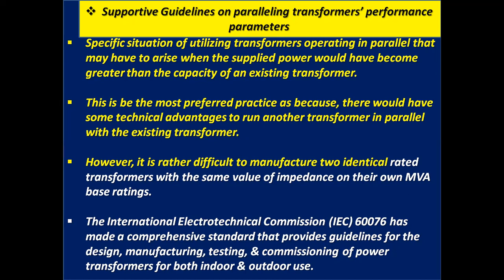This is the most preferred practice because there are some technical advantages to run another transformer in parallel with the existing or old transformer. However, it is rather difficult to manufacture two extremely identical rated transformers with the same value of impedance on their own MVA base ratings.